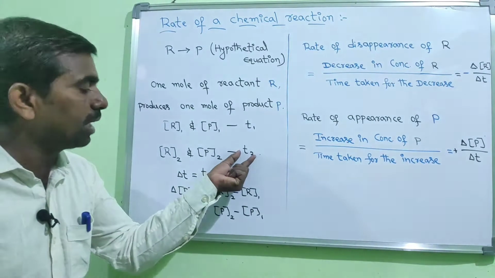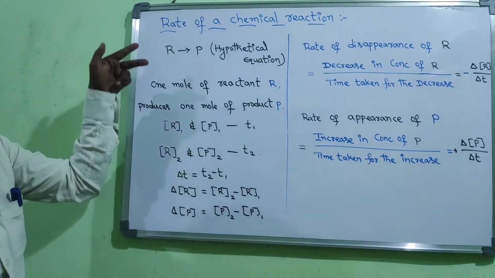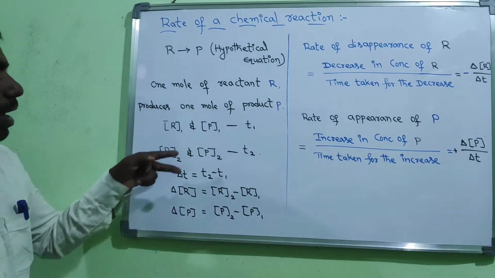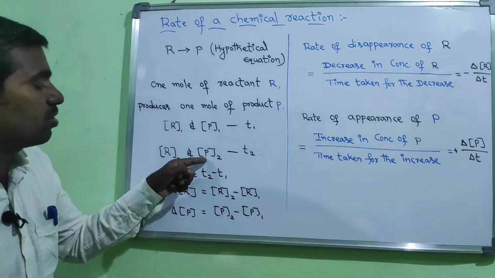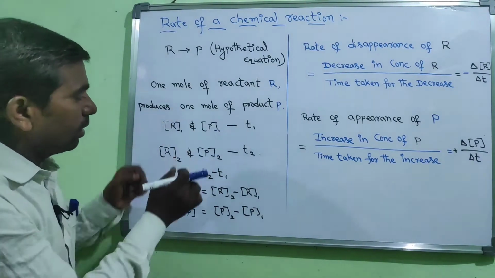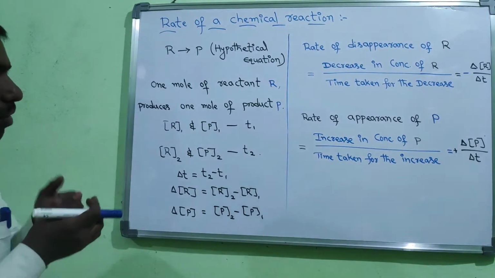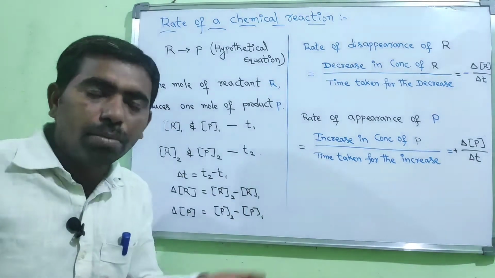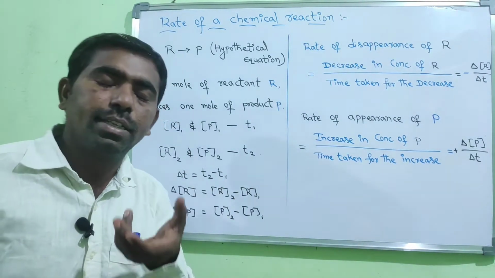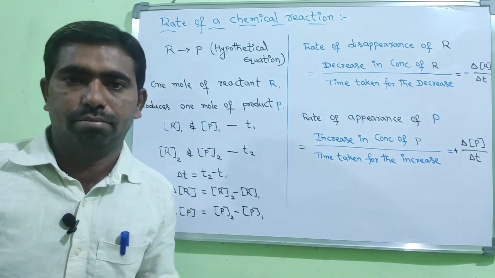And at the time T2, R2 is the concentration of the reactant and P2 is the concentration of the product, and they are placed in square brackets. When a term is placed in a square bracket, that represents the concentration of that term.